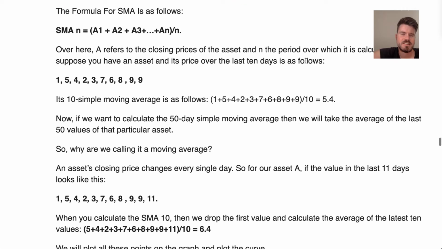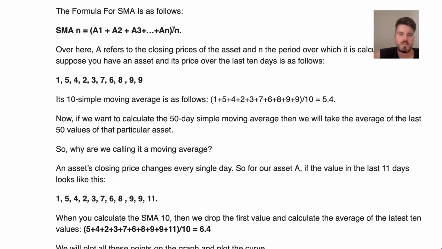It's calculated like this: SMA equals A1 plus A2 plus A3 plus AN, divided by N. Now, N is the number of periods that you want to use. So you can have different periods. You could have maybe a 10 period, and one period is one candle.